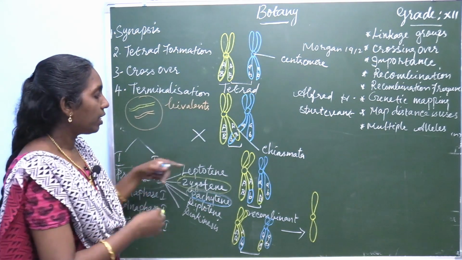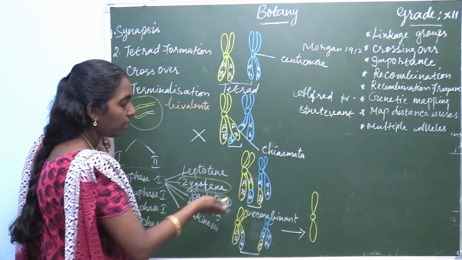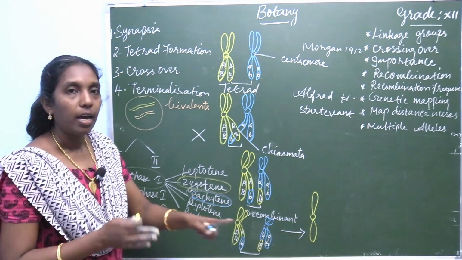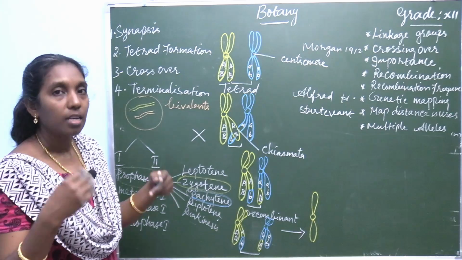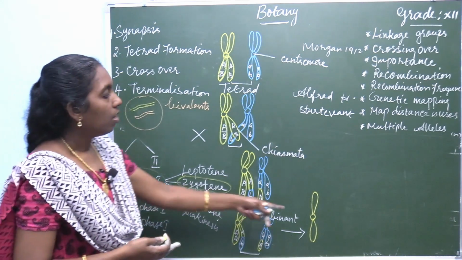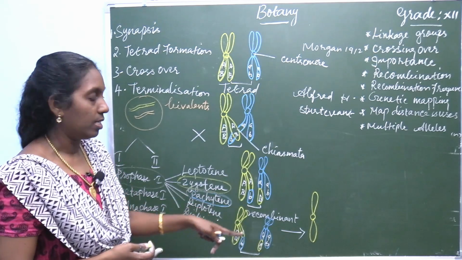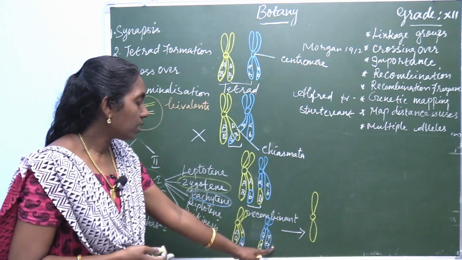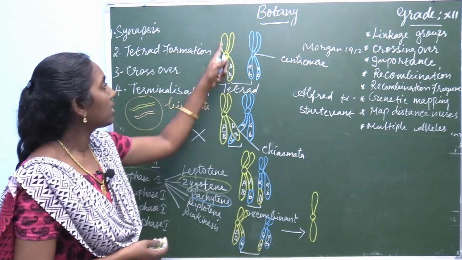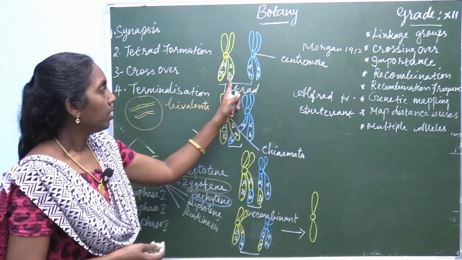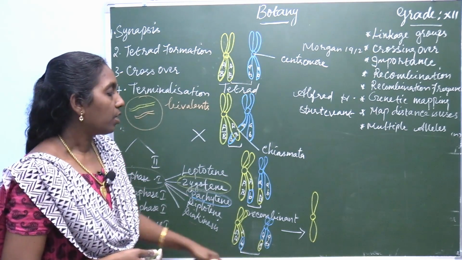At the time of terminalization, the chiasma moves to the terminal end of the chromosome, and as a result we get different recombinant genes. The first and last segments resemble the parent, and these two are recombinant.